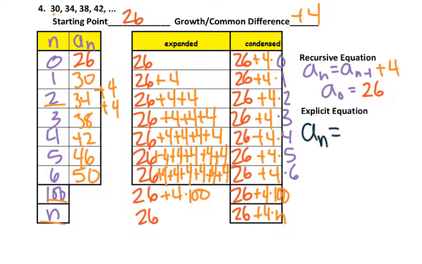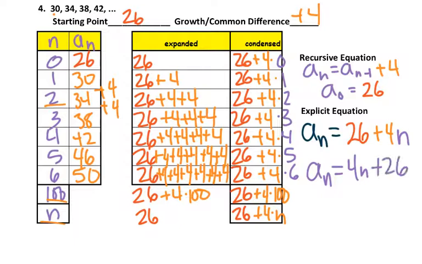A sub n equals our starting number, which was 26, plus 4, and how many times are we multiplying by 4? N amount of times. Okay, again, a sub n equals 4n plus 26 is the same thing.